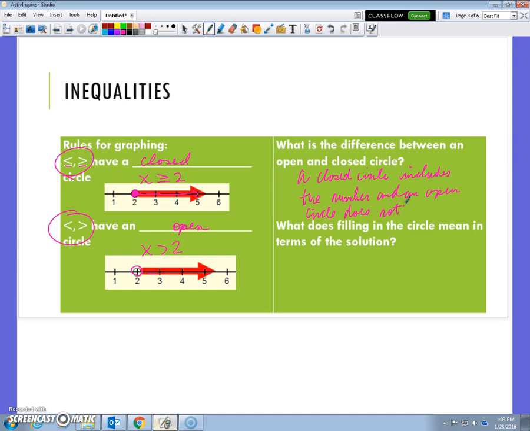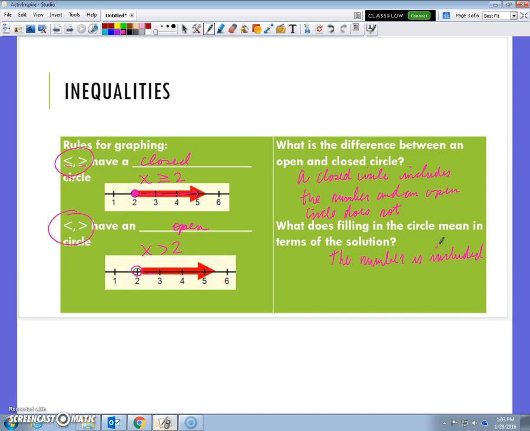So in my solution here, I am including 2 because 2 is greater than or equal to 2. In my solution here, I'm not including 2 because 2 is not greater than 2. Filling in the circle means the number is included.